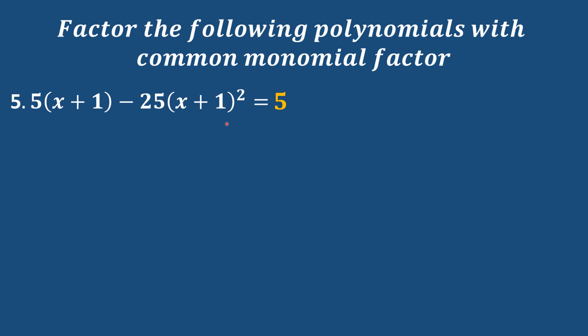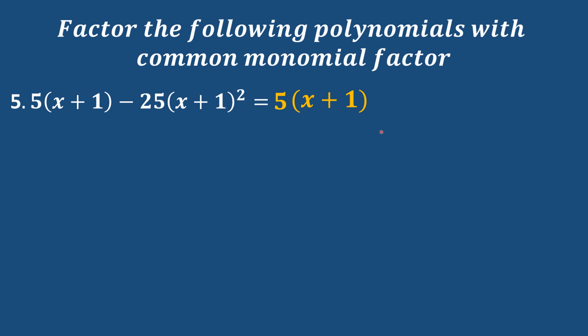So for that, we consider that the quantity x plus 1 is common. The x plus 1 here has an imaginary exponent of 1, and in here we have a 2. As we have known, the one with the least exponent will be our common monomial factor. So the 5 times the quantity x plus 1 is our common monomial factor.